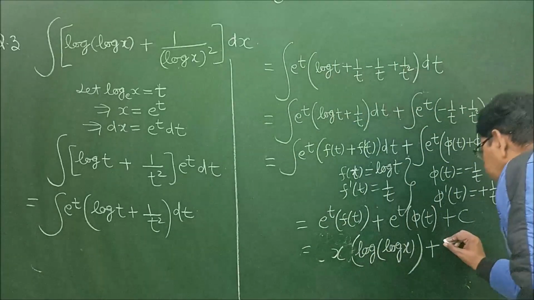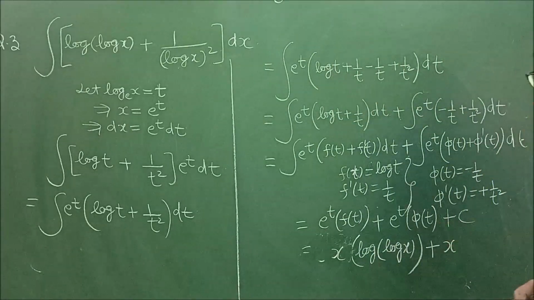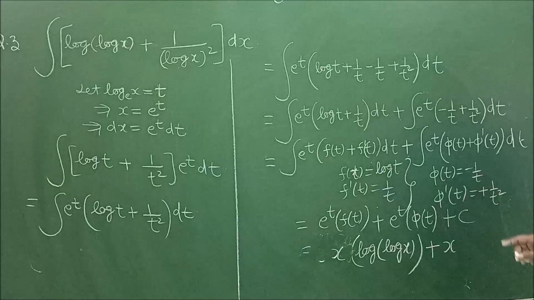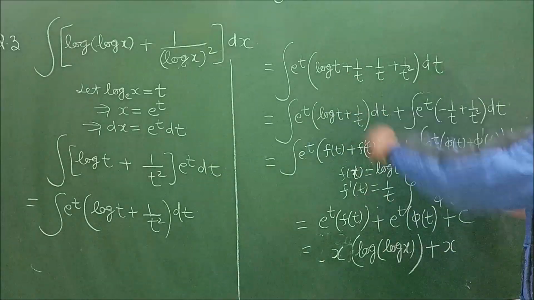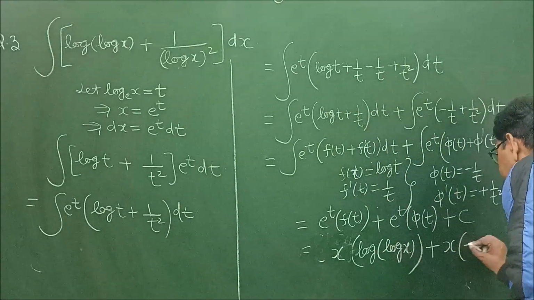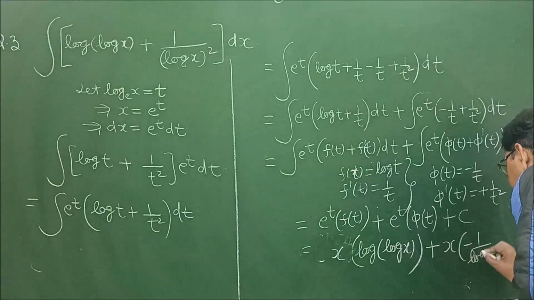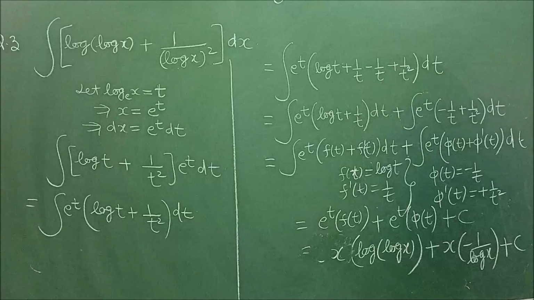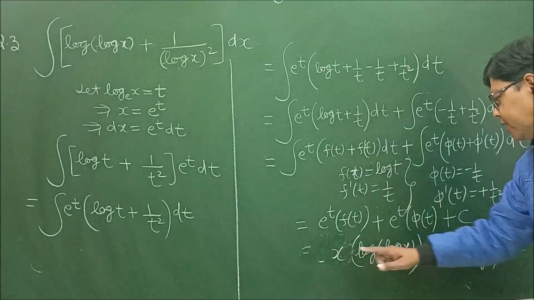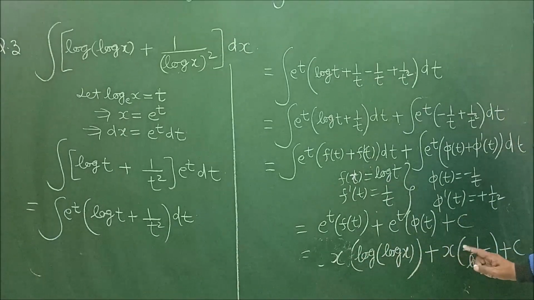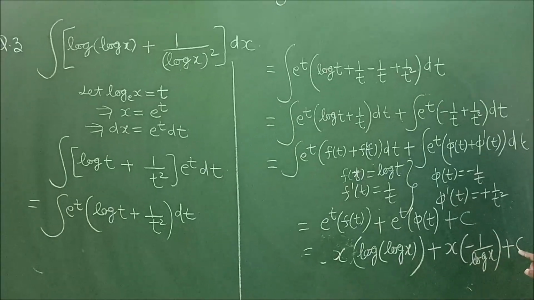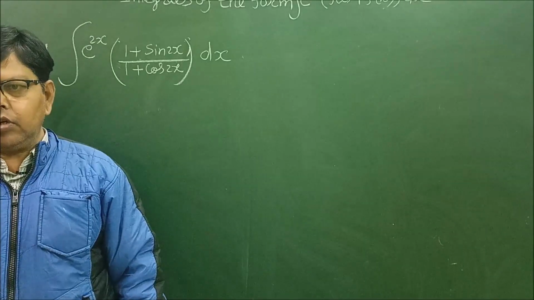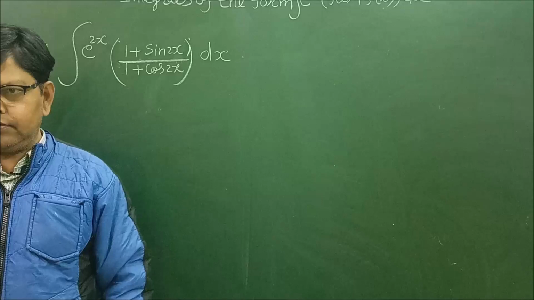So plus x, and the function phi(t) is here minus 1 upon t, and t is equal to log x, so minus 1 upon log x, and plus c. So the final answer of the question is x log x plus x into minus 1 upon log x plus c.